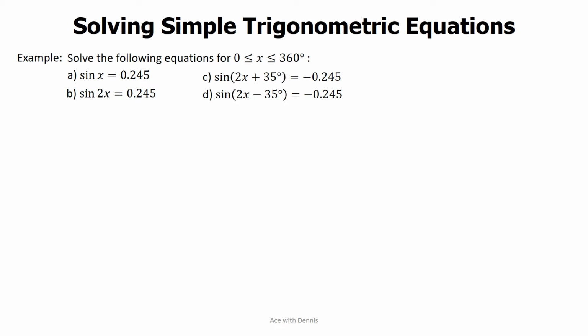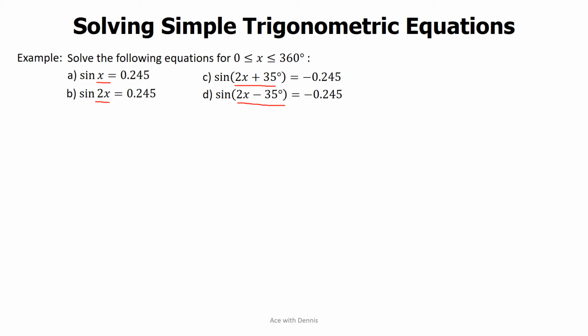You can notice that in this example, all the equations have the same value, which is 0.245, but the angle is different. A is for x, B is 2x, C is 2x plus 35, D is 2x minus 35.